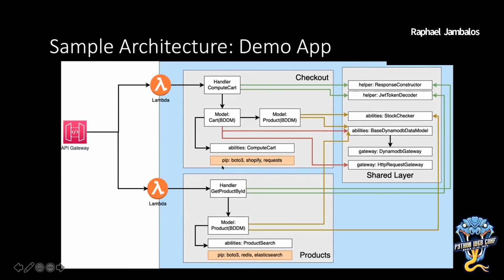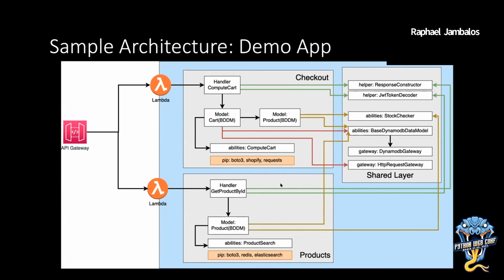Also, you can notice the dependencies are different. This one needs boto3, Redis and Elasticsearch. This one, Shopify and requests. So this will have a smaller deployment package, rather than in a monolith where all of these packages you'd have to put inside your app, making your app deployments huge.